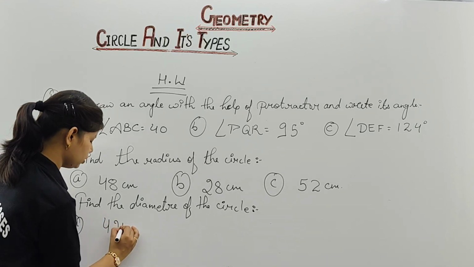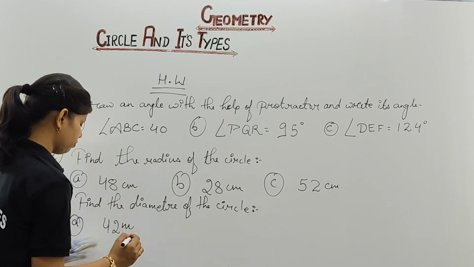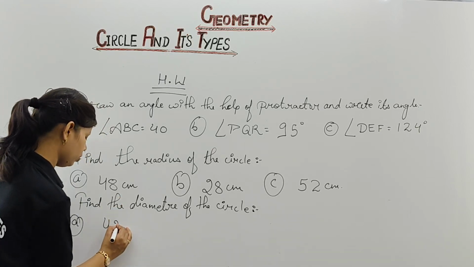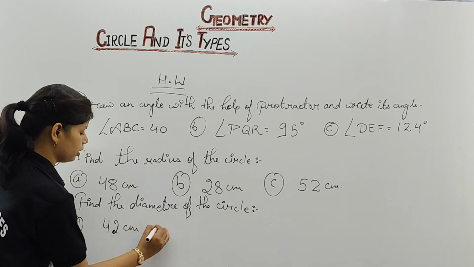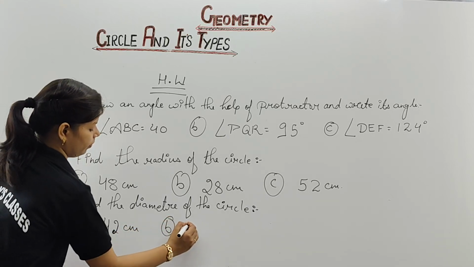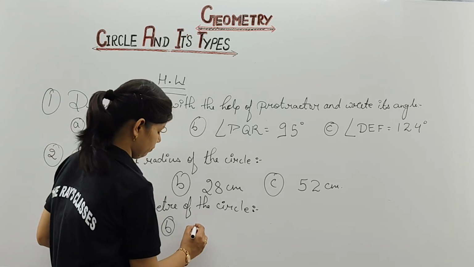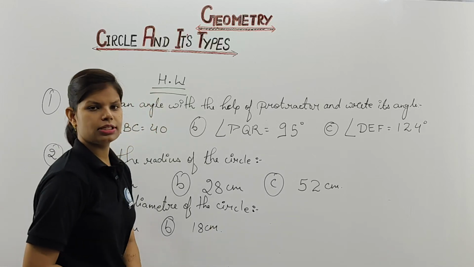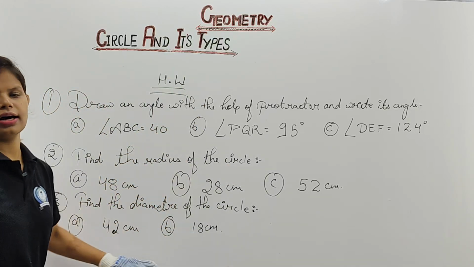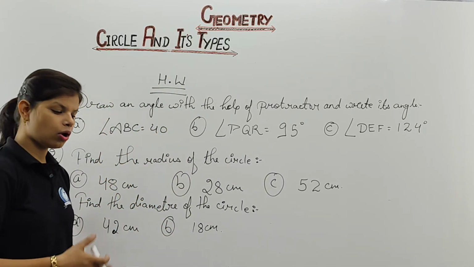Okay, 42 meter. Meter will be quite long, so we will take a smaller unit, otherwise you will be confused how we are going to draw the circle with this centimeter. And last will be your, I'll take another number, that will be your 18. Clear?